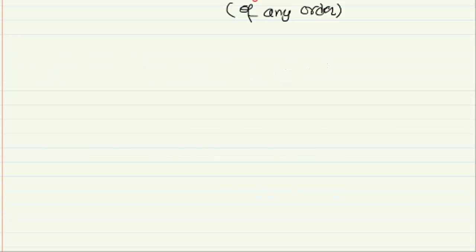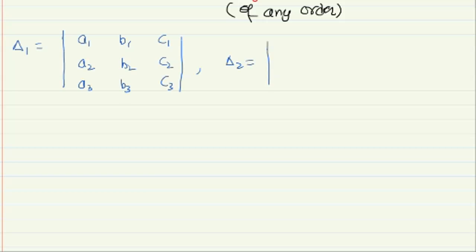Third is, suppose we take determinant delta 1 as a1, b1, c1, then a2, b2, c2, and then a3, b3, c3, and delta 2 as ka1, ka2, ka3, then b1, b2, b3, and c1, c2, c3.